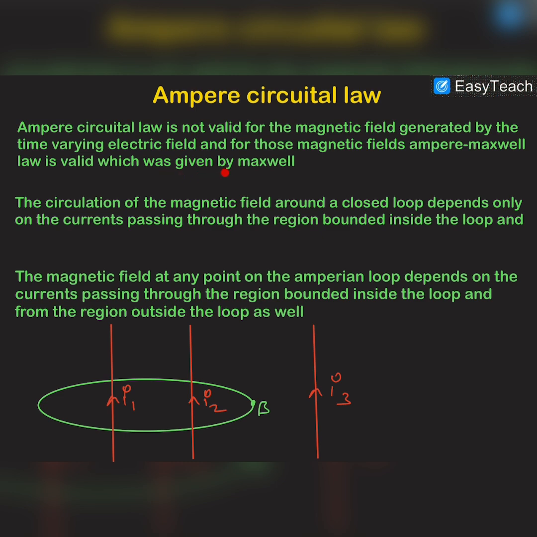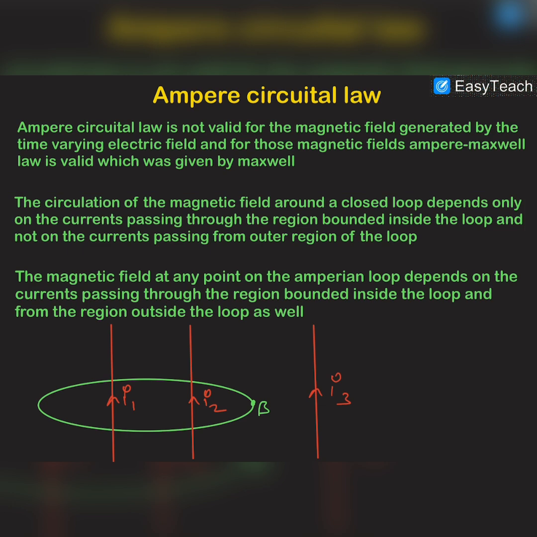What I am trying to say is that the magnetic field we are studying is generated by current carrying wires, and you will study in electromagnetic waves that a time varying electric field also produces some magnetic field. You will be studying that in that chapter.